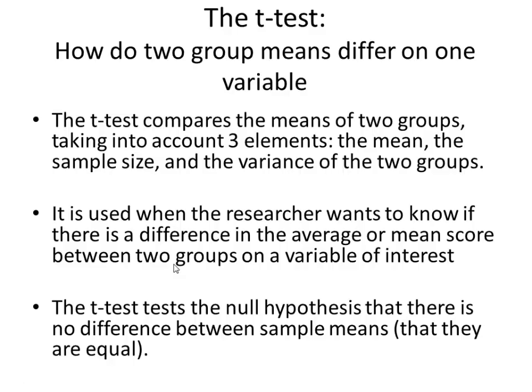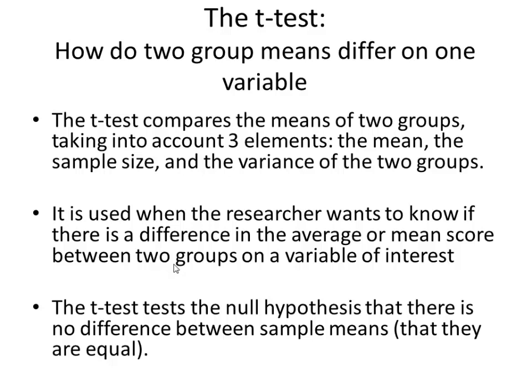So we will begin by looking at the t-test, which answers the question, how do two group means differ on some variable of interest? The t-test compares the means of two groups, taking into account 3 elements. So there are 3 elements involved in the calculation of the t-test: the mean, the sample size, and the variance.